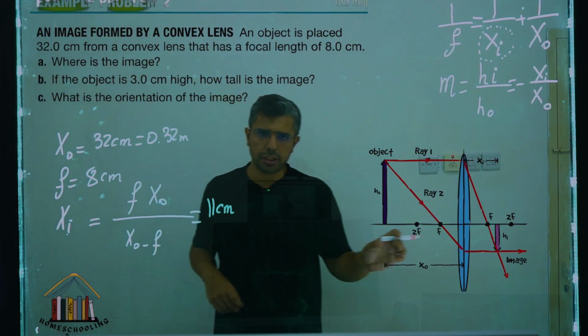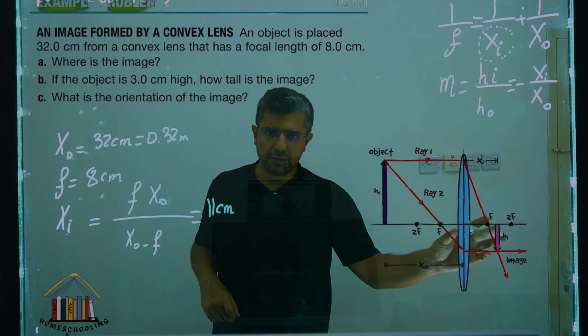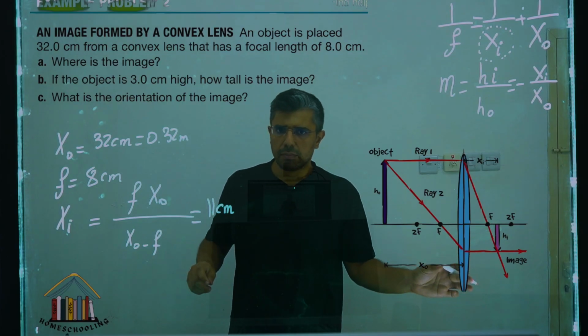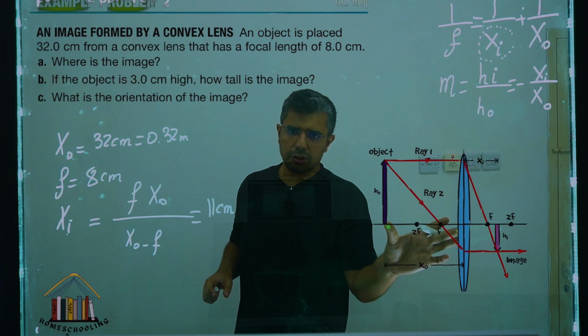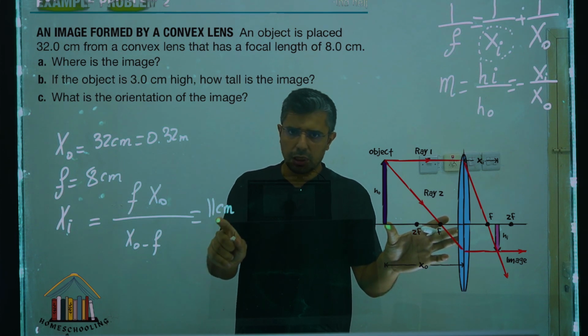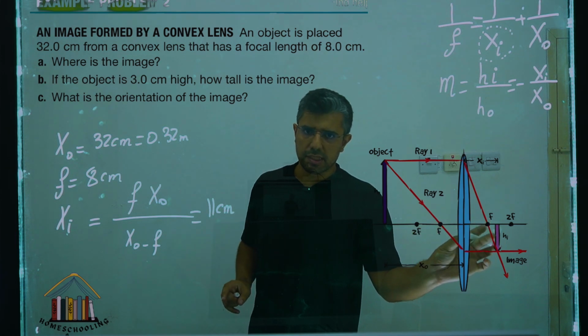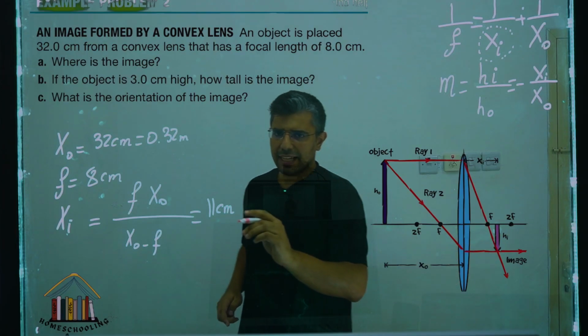So the position of the image is 11. It makes sense because the object is at 32, a big distance, and I get only 11 on the other side, which seems to be smaller, so 11 centimeters.